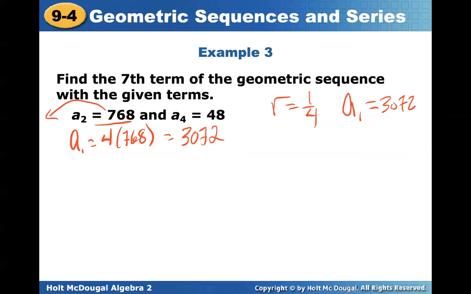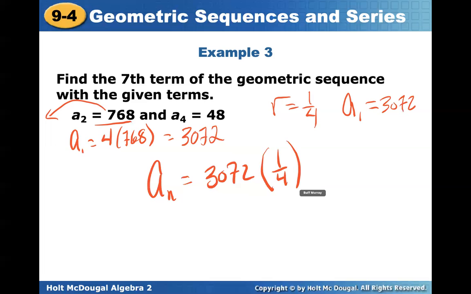Any term should be the first term times our common ratio, whether you read it as 1/4 or 0.25, it doesn't matter, to the n minus 1 power. Once again, it took a little know-how to find that, but it all relied on the general rule we talked about. That's very important, like I said yesterday.